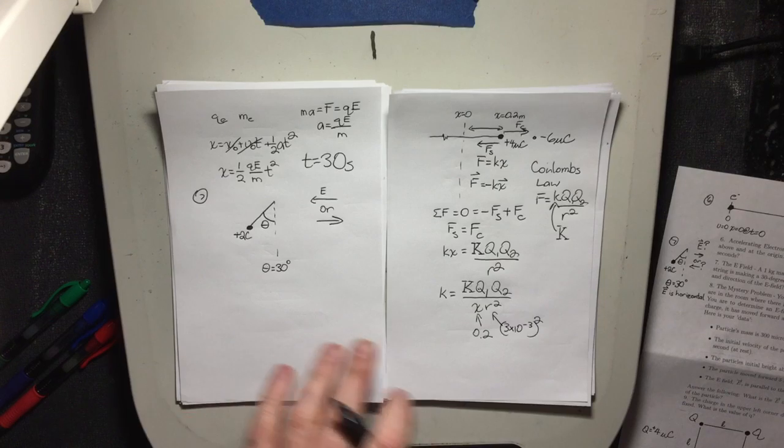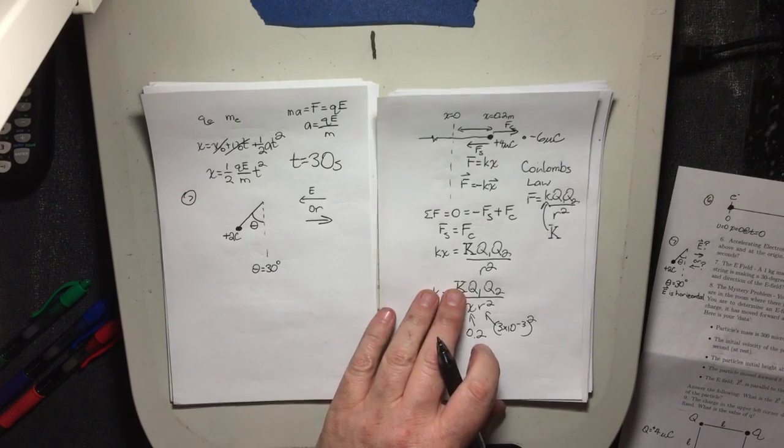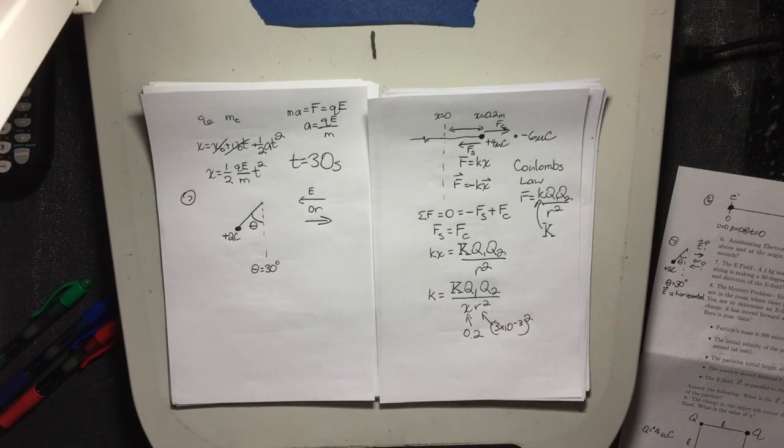So the first question that we can answer is what is the direction of the E field? If there was no E field, that particle would be hanging down only under the influence of gravity. So if the force created by the E field causes the positive particle to move to the left, in which direction is the E field?